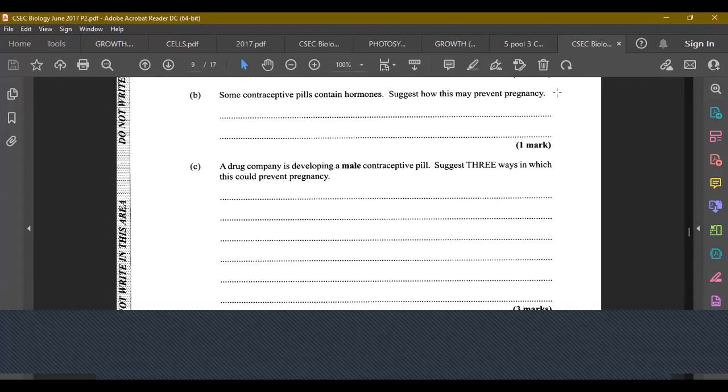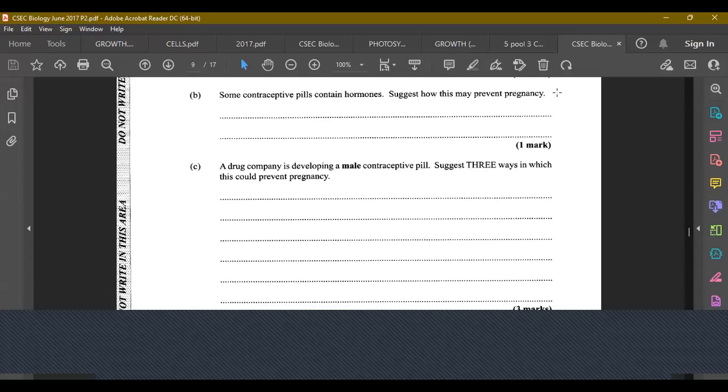Sorry about that, guys. All right, can I hear the last suggestion that was made? It would affect the acrosome. How so? I don't know. Miss, would it lower the testosterone levels, so it affects the hormone?